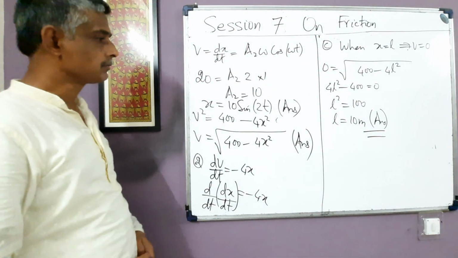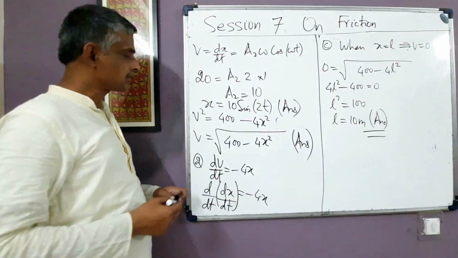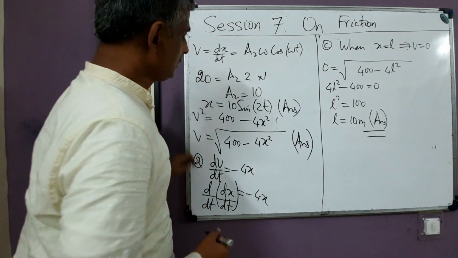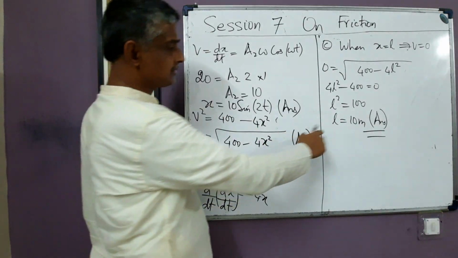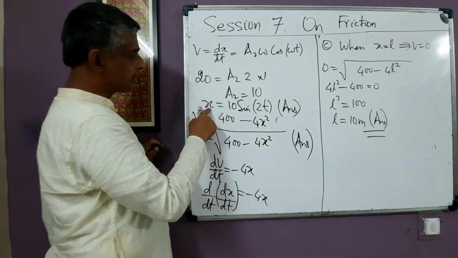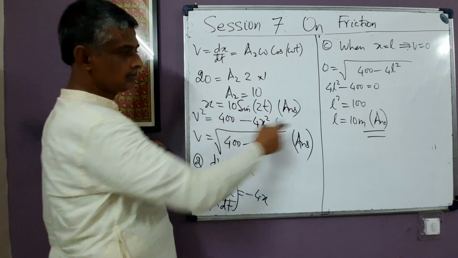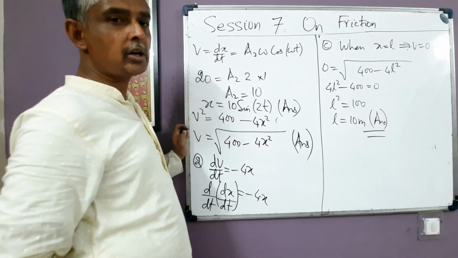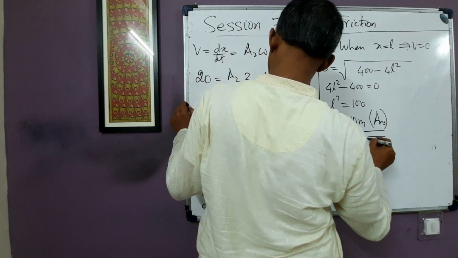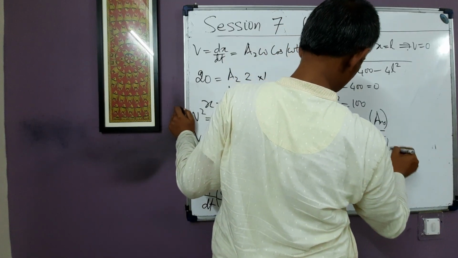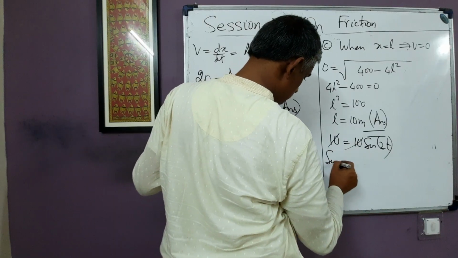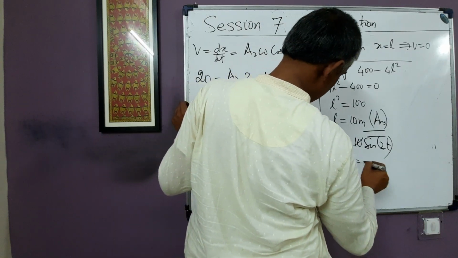Now lastly we have been asked, after what time does the point come to rest? When the point comes to rest, x is equal to 10 meter. So here instead of x I replace by 10, because after covering 10 meter, the block comes to rest. So 10 equal to 10 sin 2t. This 10 cancels out. Sin 2t becomes plus 1.